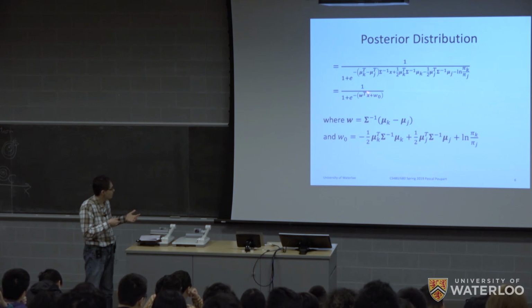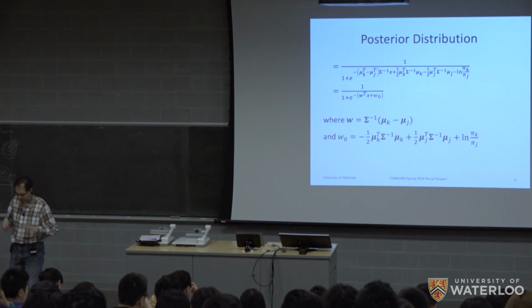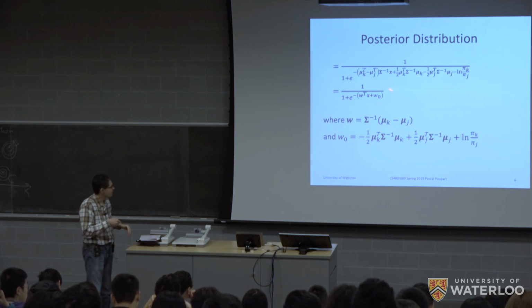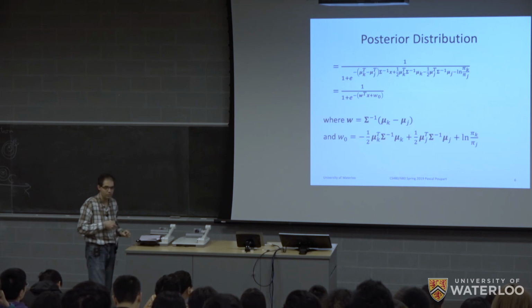So that's the coefficient of x in here. And then w naught is just going to be the constant part that does not depend on x in here. So I did all of this to get my posterior into a nice form here, 1 divided by 1 plus e to the minus w transpose x plus w naught.